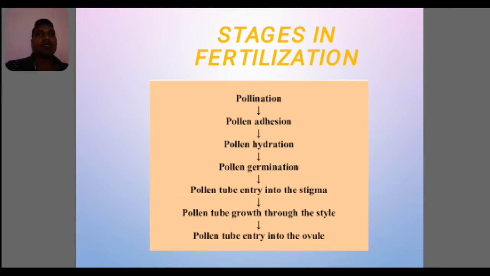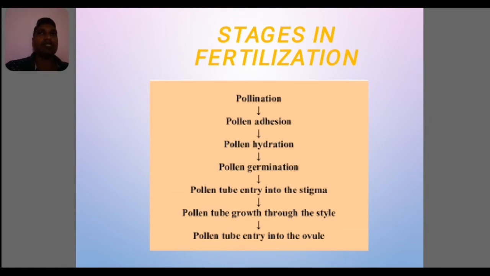So they will form a long pollen tube through the stigma. Then the pollen tube will enter the stigma, and the pollen tube grows through the style. After that, the pollen tube enters the ovule. So it is very specific. A specific number of pollen grains will be added on the stigma.